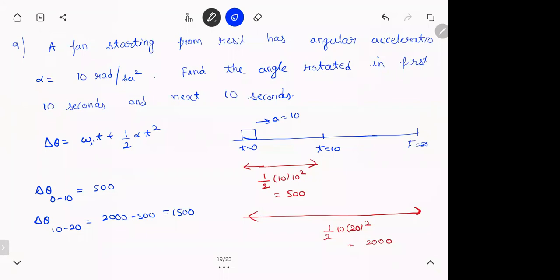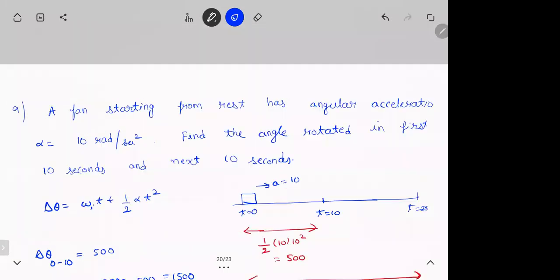Next thing. Copied? A fan has angular velocity 1200 revolutions per minute clockwise.